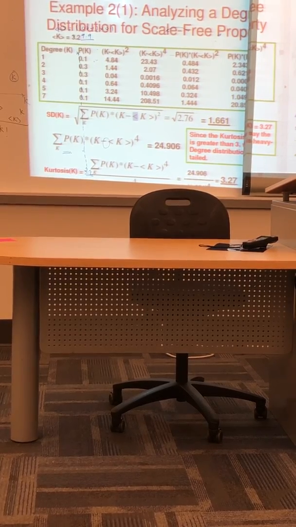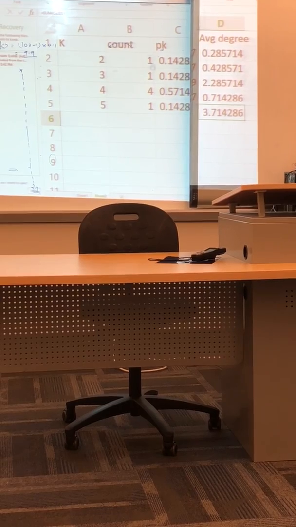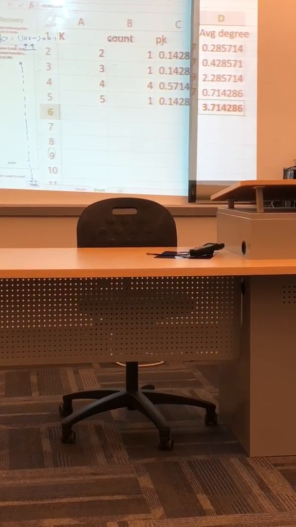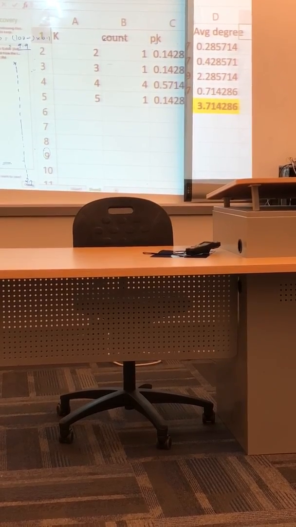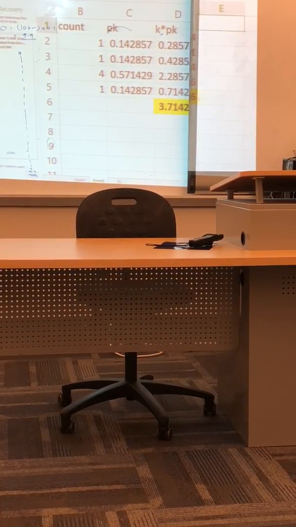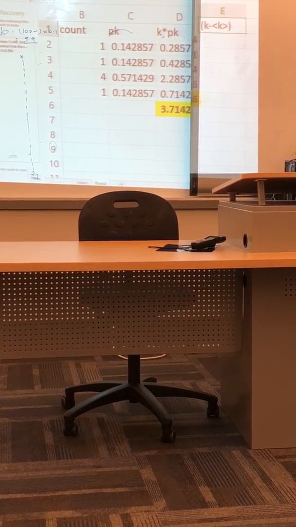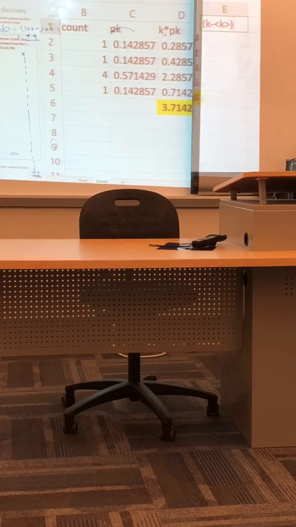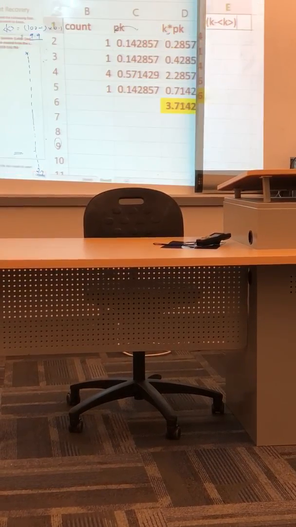We found the average degree to be this number, so now we have to find k minus the average degree, squared.